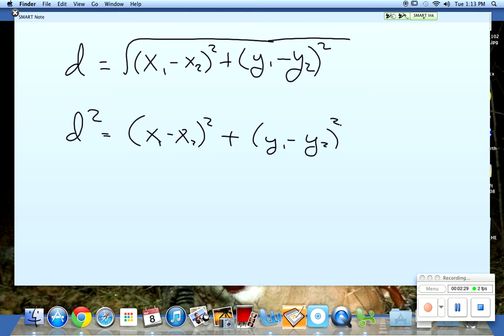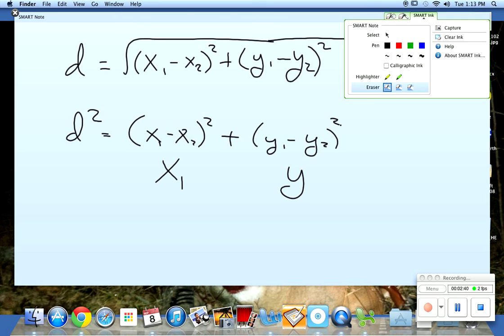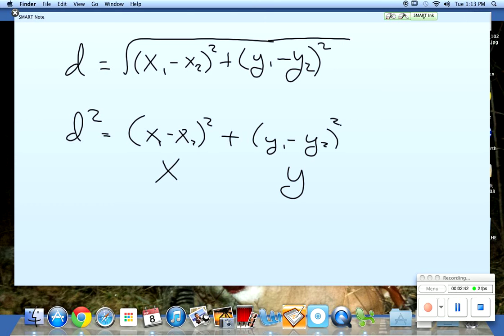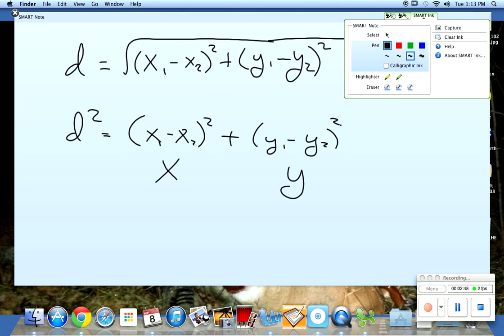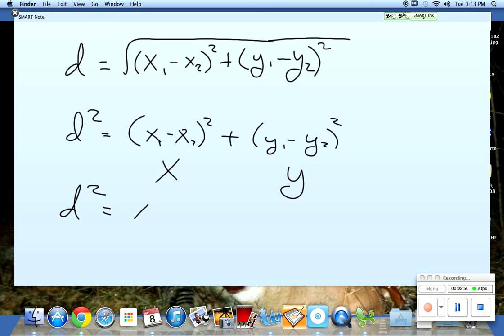If I just made these x and y, then I can say d squared equals x squared plus y squared. Does that look like the Pythagorean theorem? I'm just telling you, there's a relationship between the Pythagorean theorem and the distance formula.